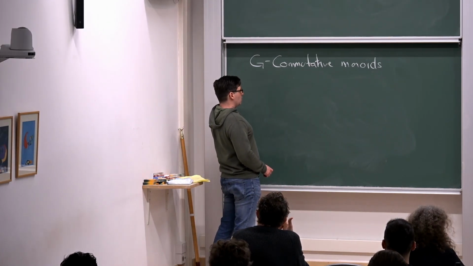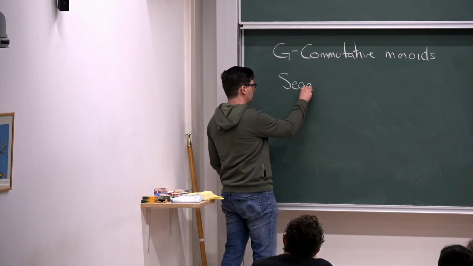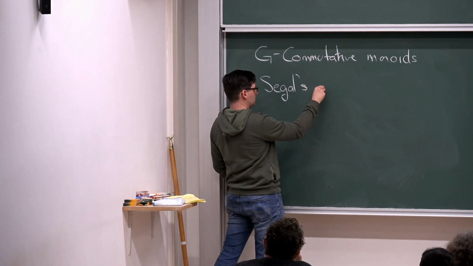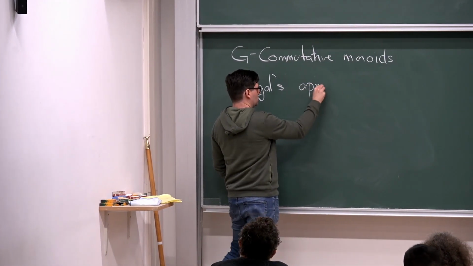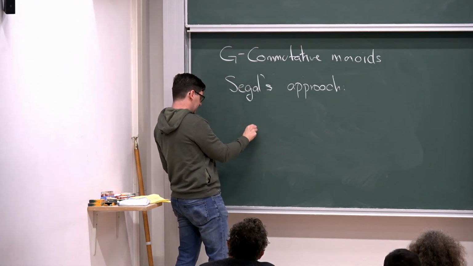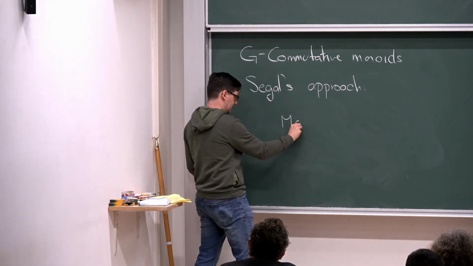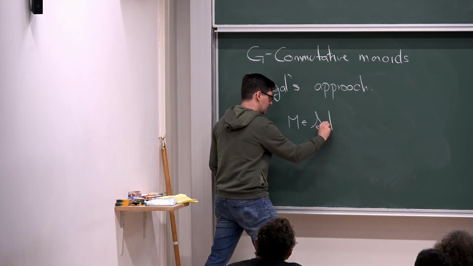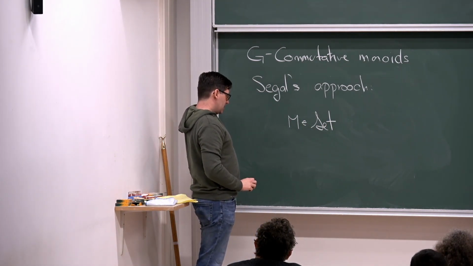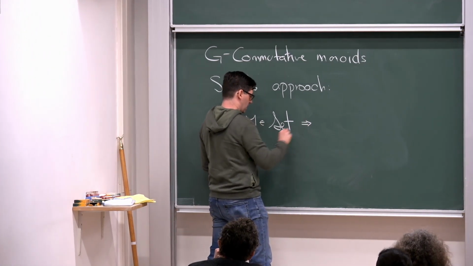But let me start with sort of a Segal approach to ordinary commutative monoids. So Segal's approach. And so the idea here is, let's say that I just have an object in sets. Then, given any object in Set, I can write down two functors.